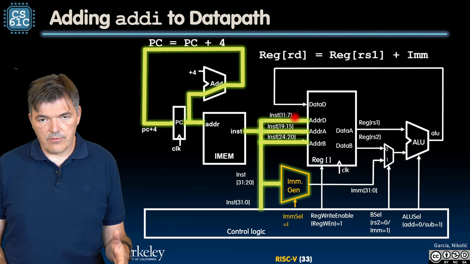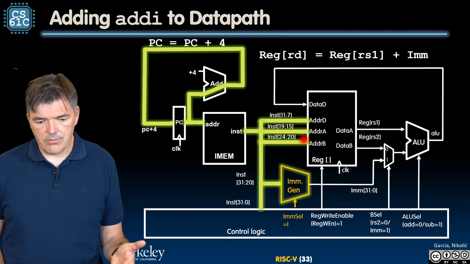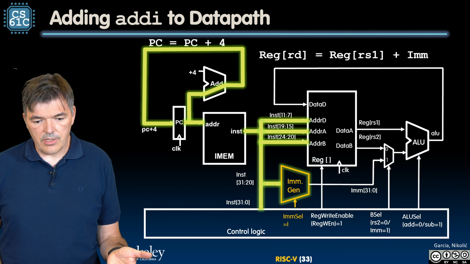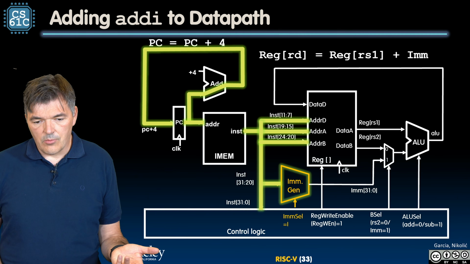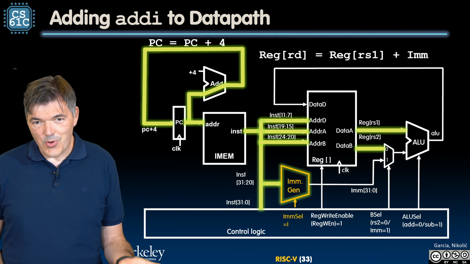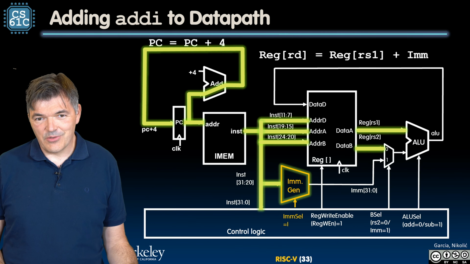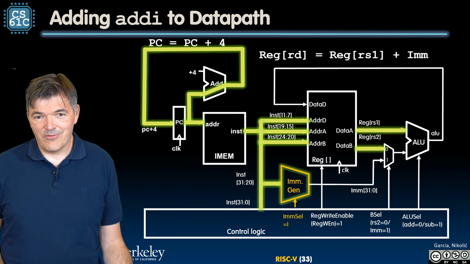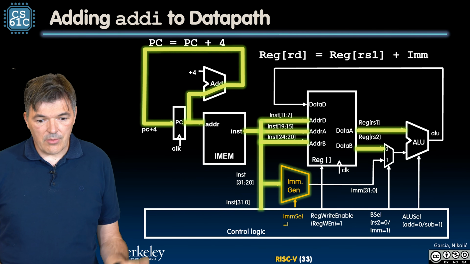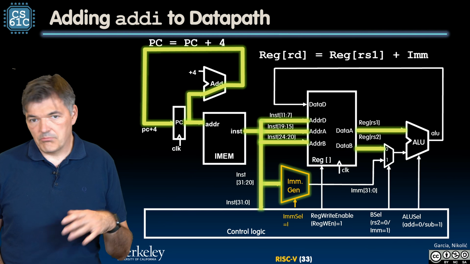Now you may wonder, don't we need to disconnect this input B? We really don't want that RS2 value. Well, we are going to generate both RS1 and RS2 at the output of the register file, and we are going to use the RS1 value, but RS2 simply will be ignored. Remember, our register file always reads.